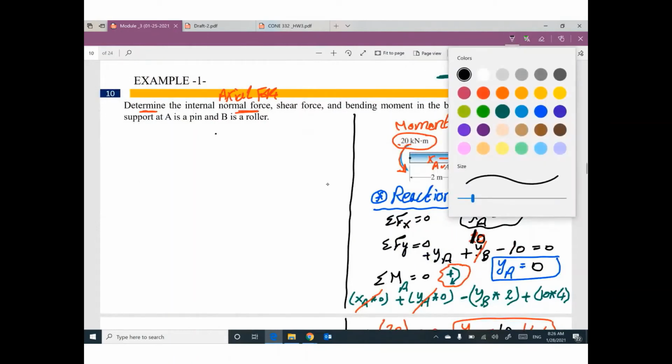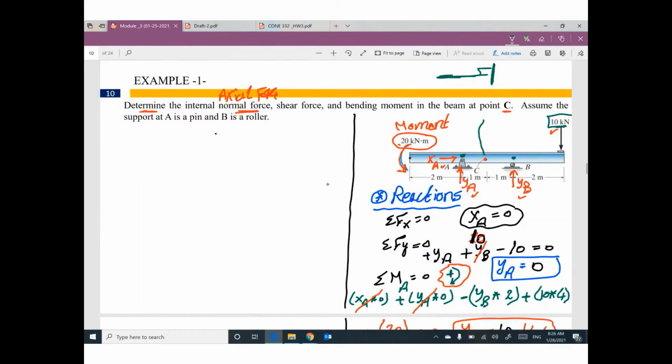I will cut this beam at point C. The question is, why point C? Because I'm looking to determine the internal forces at point C. The problem said this.